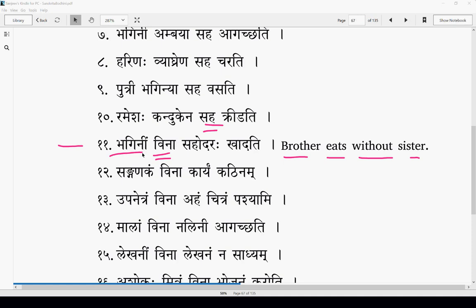Like Nadim, Lekhanim. Second case. Yeah, that is correct. Everybody is quiet. Bhaginim, Nadim is a Dvitiya Vibhakti, right?